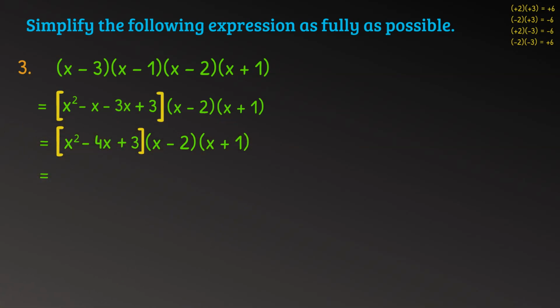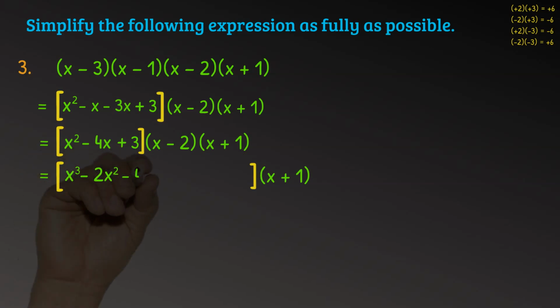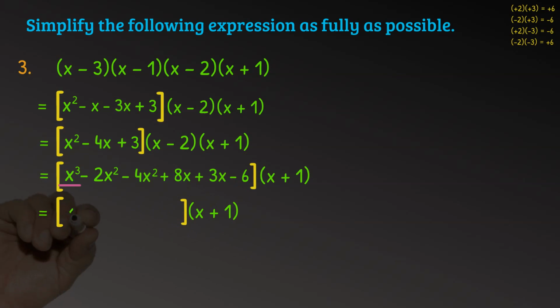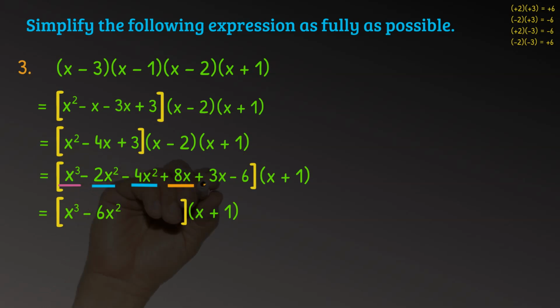Then we can multiply out the next bracket along, which is x minus 2, and that gives us x cubed minus 2x squared minus 4x squared plus 8x plus 3x minus 6. Tidying this yellow bracket up gives us x cubed, the two terms with x squared give us minus 6x squared, the two terms with x gives us plus 11x, and there's a minus 6.